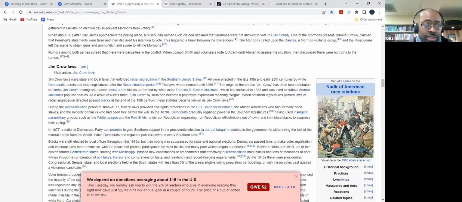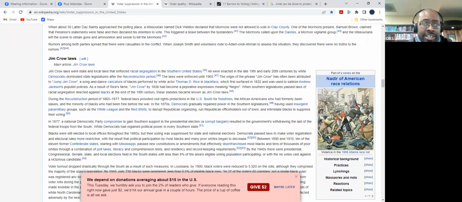But the main thing, of course, was the enactment of Jim Crow laws, in which part of the law was used to suppress the vote of African Americans after Reconstruction had taken place.